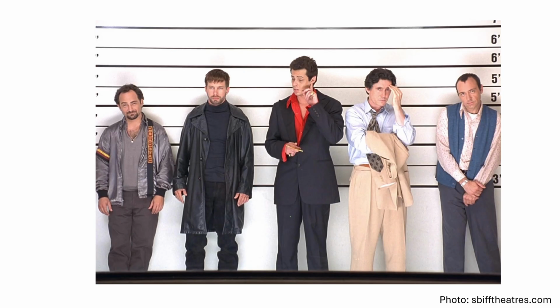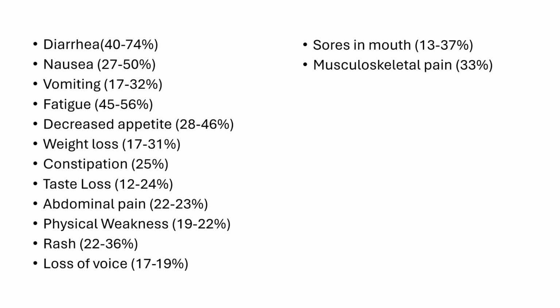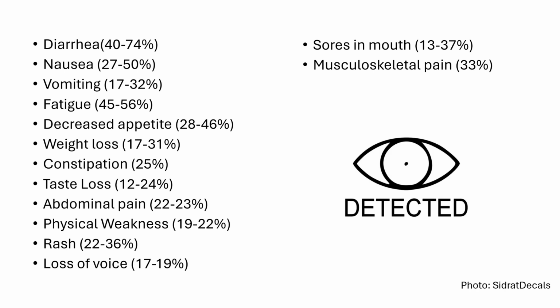We'll start with what I like to call the usual suspects of drug adverse events: diarrhea, nausea, vomiting, and fatigue. Now, I call them that because you have most likely heard them in drug commercials, but the list is much longer than that. As you can see, the adverse events here are things that you can very easily detect yourself.